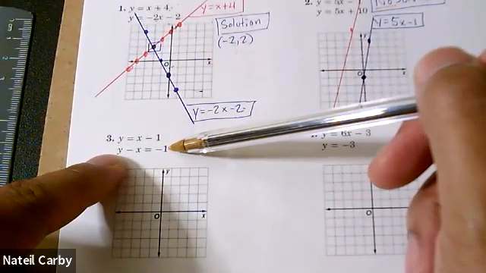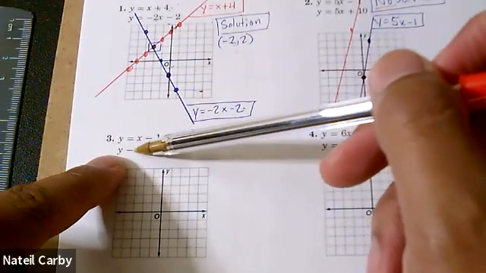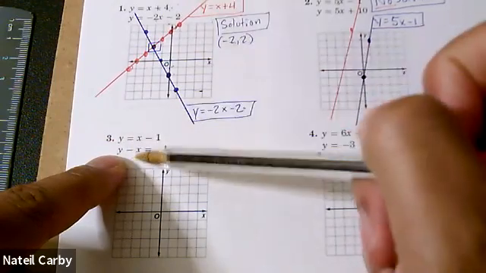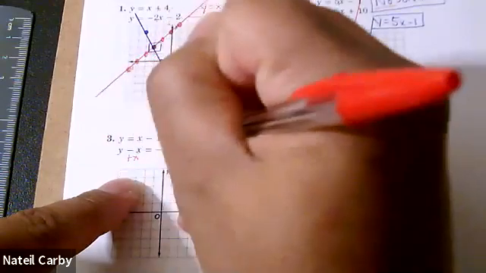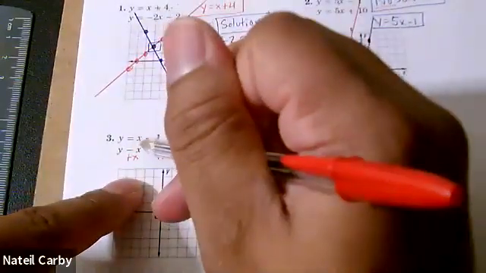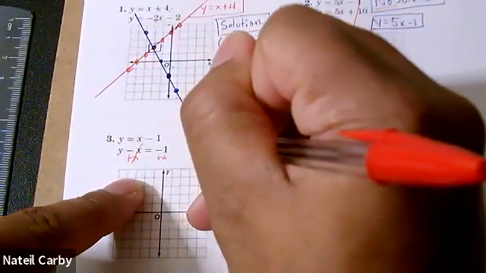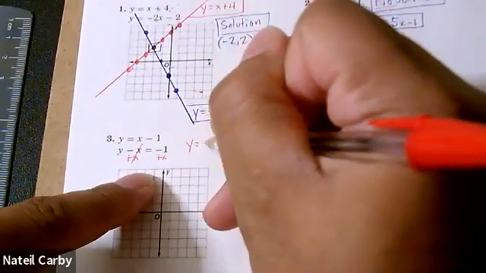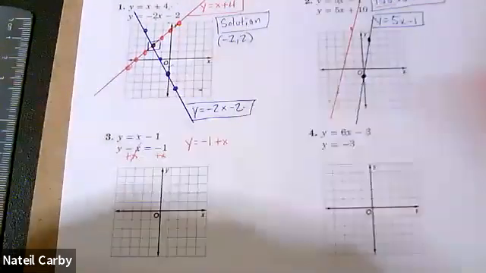Okay. So how do I do that? Well, I got to get rid of my -1x or minus x. So how do I do that? I got to add x to both sides. When I add x to both sides, I'm going to have y equals -1 plus x.